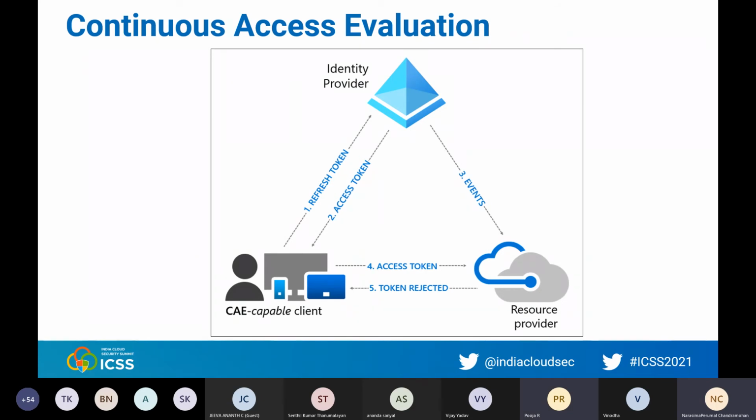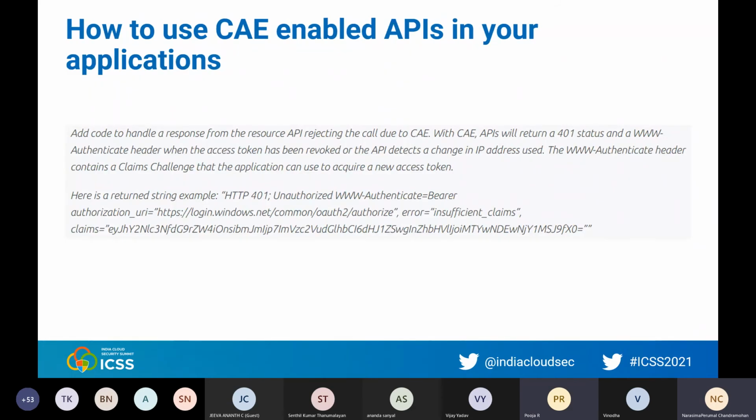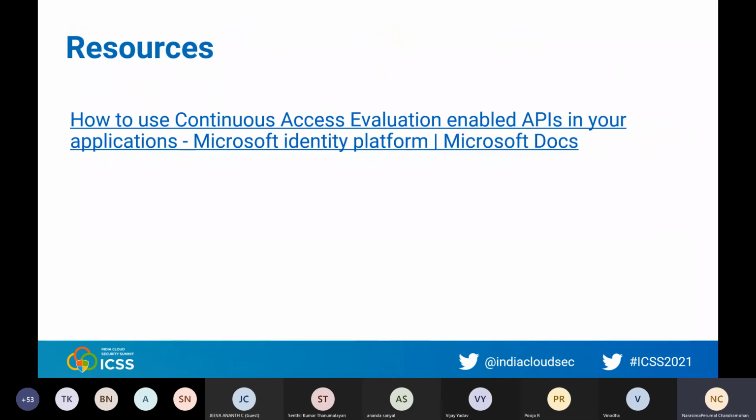So if, in the time gap of 4 hours, the user account got compromised and the user tries to make any operations, his token will get rejected and he will get an access denied error. This documentation page shows how you can enable continuous access evaluation in your APIs.